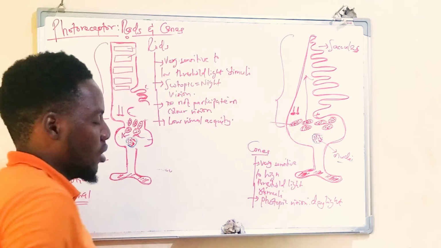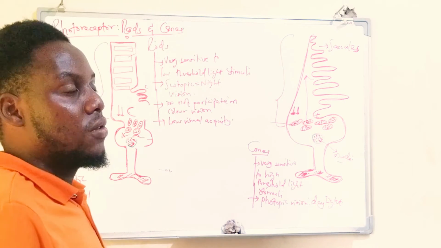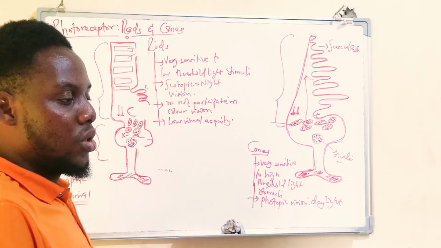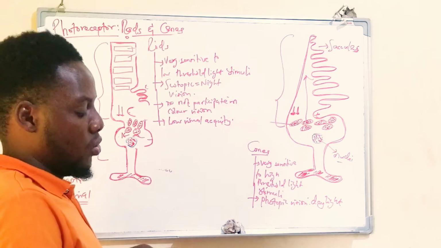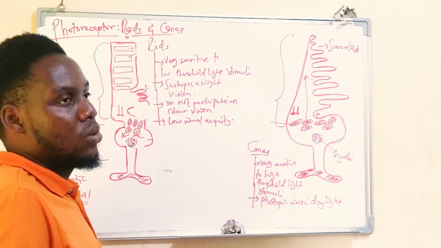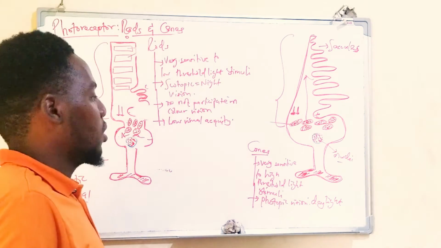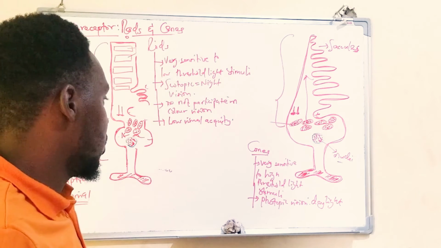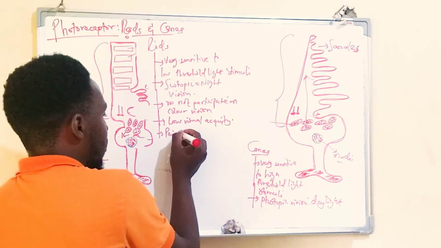In the previous video I said visual acuity is the ability of the eye to determine the precise shape as well as features of an object, or when we put two objects close together, to differentiate those two. The ability to differentiate those two objects is what visual acuity is about. So the rods have low visual acuity. They are also found more on the periphery of the retina.